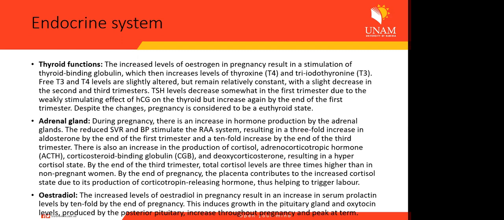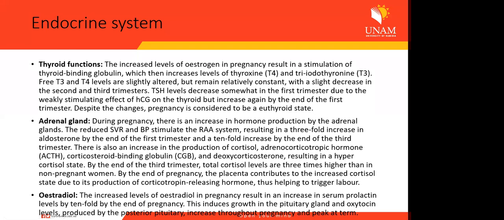Although their free levels are slightly altered, they remain relatively constant. The thyroid stimulating hormone levels decrease somewhat in the first trimester, but they increase again at the end of the first trimester. But note that despite these changes, pregnancy is considered a euthyroid state.